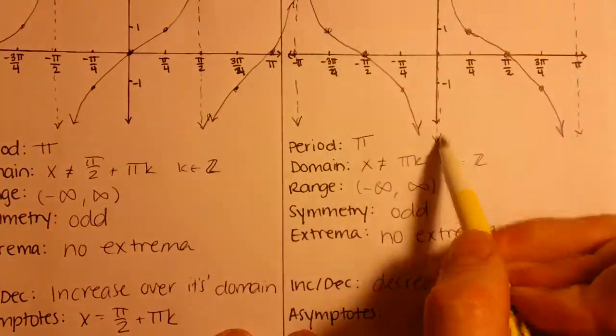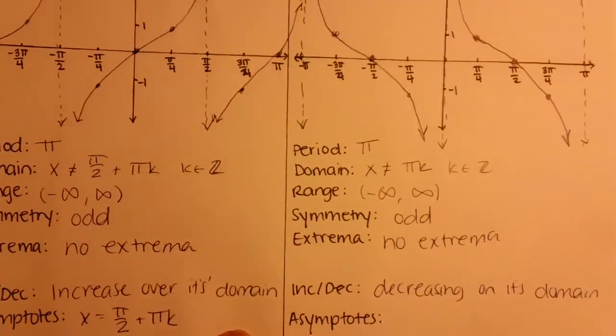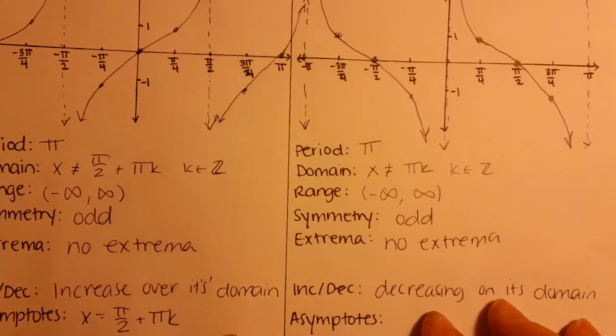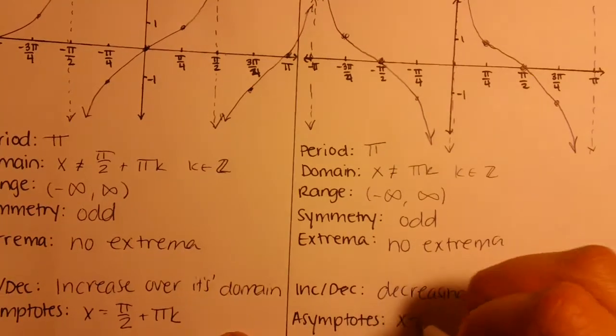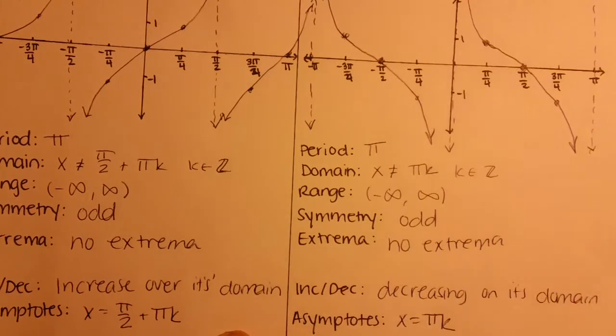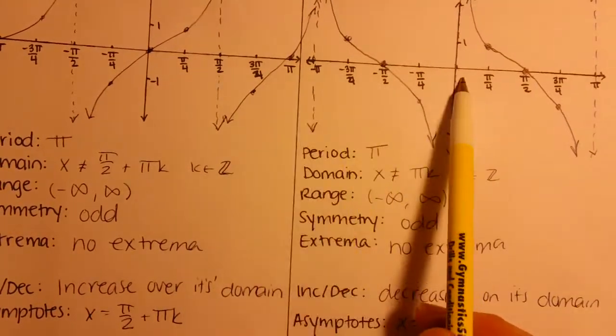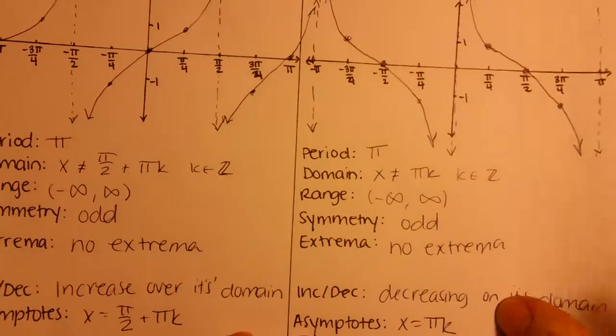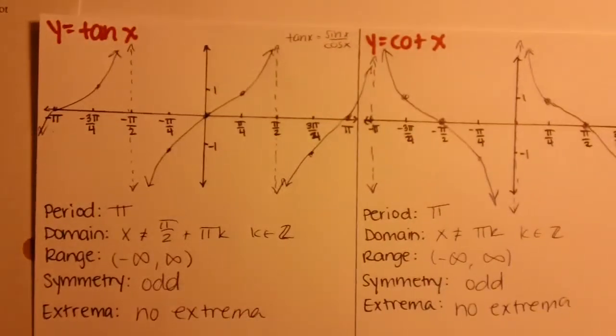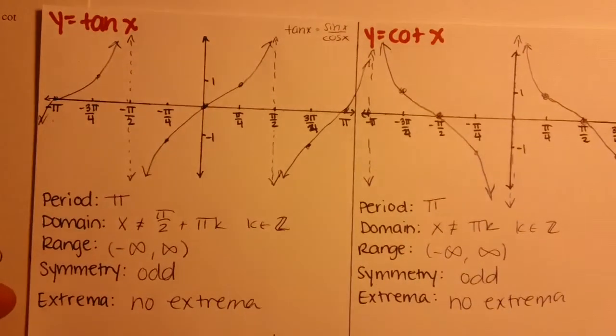We're going down all across its domain. And our asymptotes are going to be at x equals pi k. And every time we hit a value of pi, here, we're going to have an asymptote. So those are our graphs of tangent of x and cotangent of x.